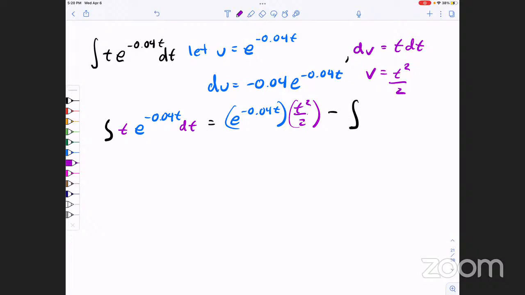Or is it making it worse? We're integrating. You know what? I think this is making it worse, right? Because if we do V du, it's like a worse version of what we started with. So I'm going to choose a different U and a different dV. I want to get rid of that, and I want to get rid of this.